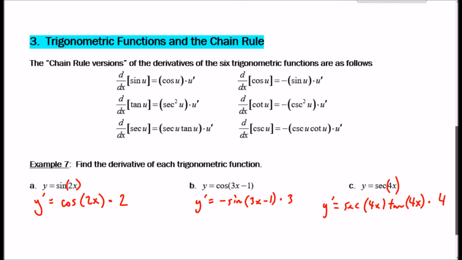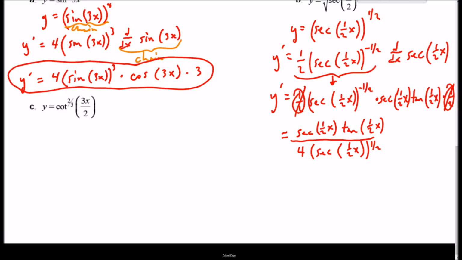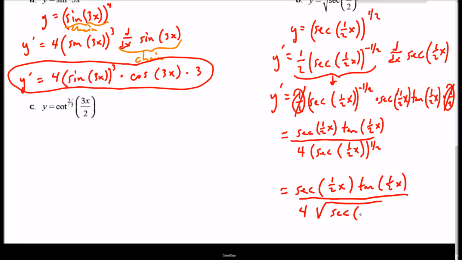Right? And we know that anything to the 1/2 power is the square root of. So we can finish this by rewriting it as secant 1/2 x tangent 1/2 x divided by 4 times the square root of secant 1/2 x.